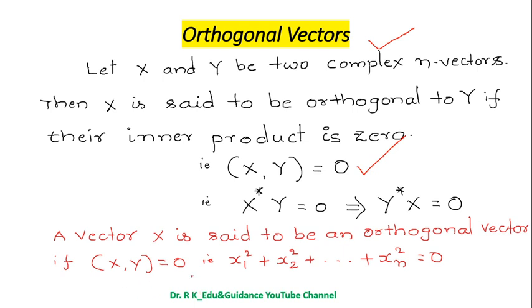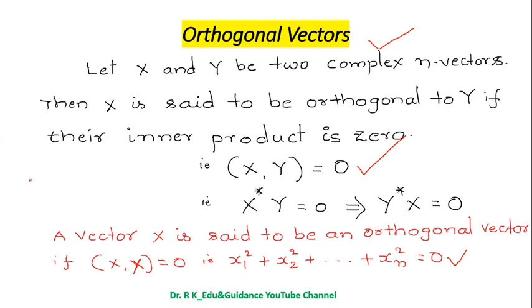Inner product equal to 0 means, suppose you take the same vector, x comma x equal to 0, that is x1 square plus x2 square plus so on xn square equal to 0. Then the vector is called an orthogonal vector.